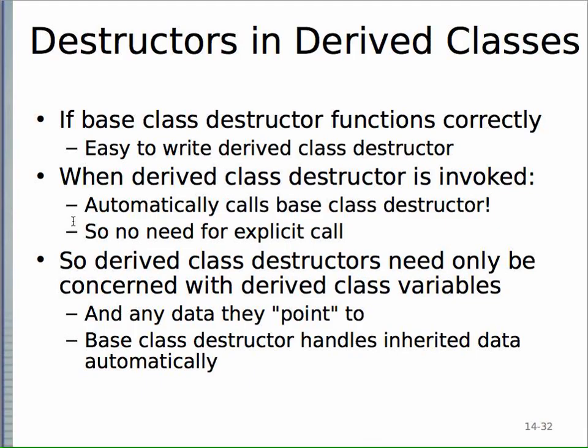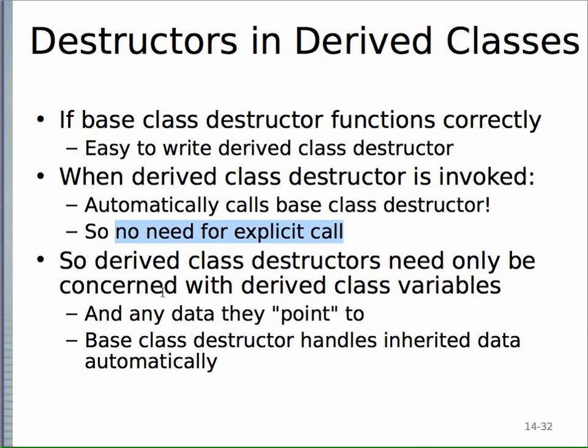Okay, so that's what is meant by saying that you don't have to call. There's no need for an explicit call to the destructor. You never actually call the destructor anyway. You shouldn't. So derived class destructors need only be concerned with derived class variables. The base class destructor will take care of base class variables.